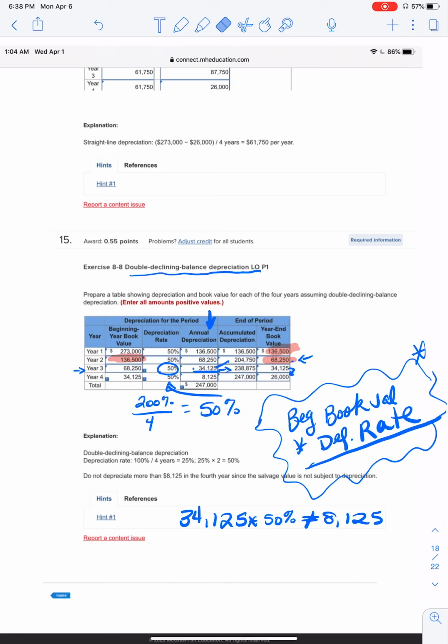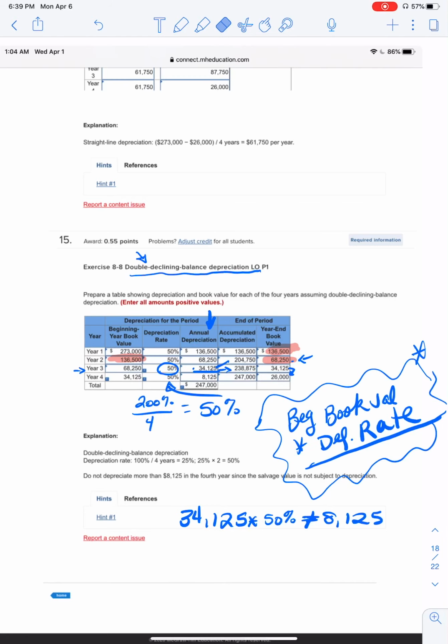So why on earth did I not use the same pattern? Well, that's because I cannot depreciate past salvage value. So when I get to that last year, or any year for that matter, I need to make sure I'm not depreciating past salvage value, because double declining balance does not consider salvage value at all until the end of the period. So whereas in our other methods we take salvage value out at the beginning, the double declining balance method does not do that. So we have to make sure we don't forget and we actually do account for that here.